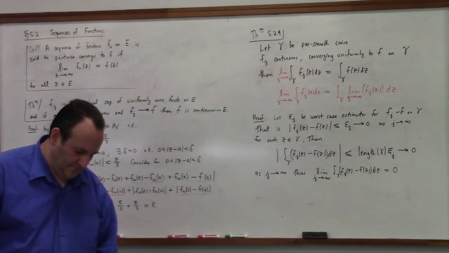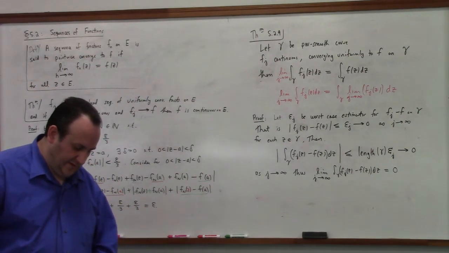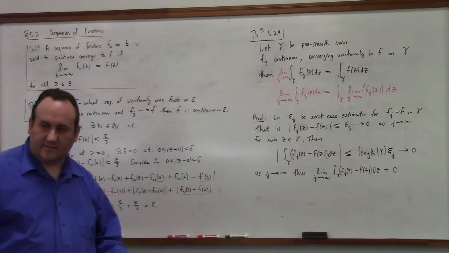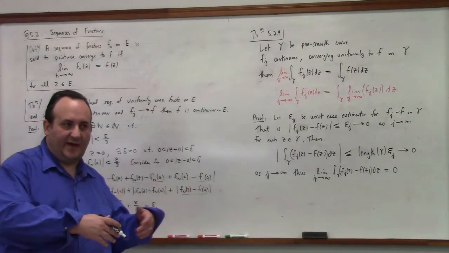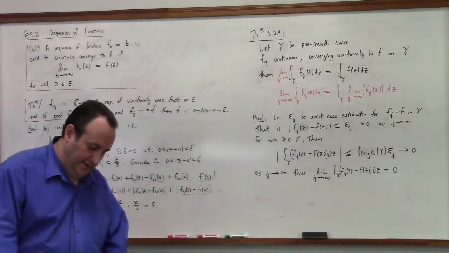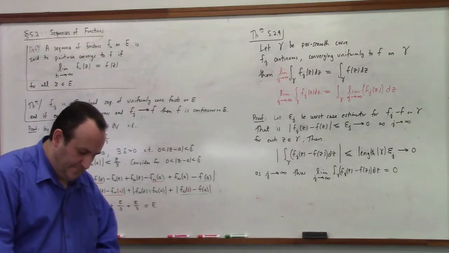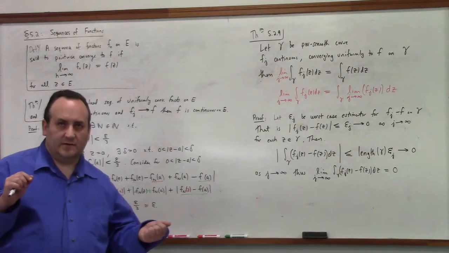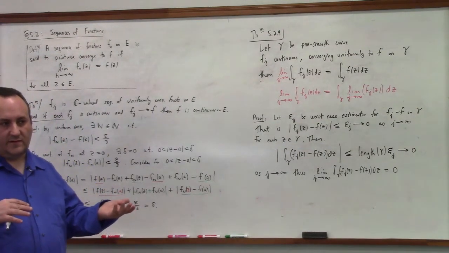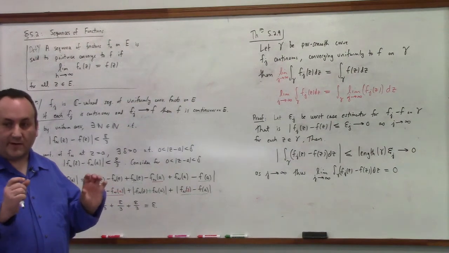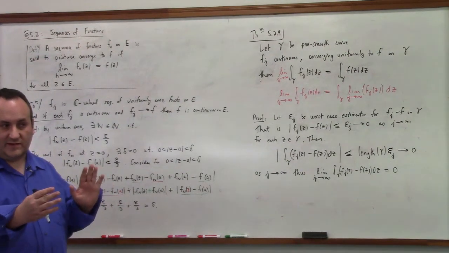Exactly. So that's what we're going to start with next time: we build a series of functions from adding together a sequence. And what we're going to see is that you can test for convergence of a series of functions if you can find a numerical series which dominates it.